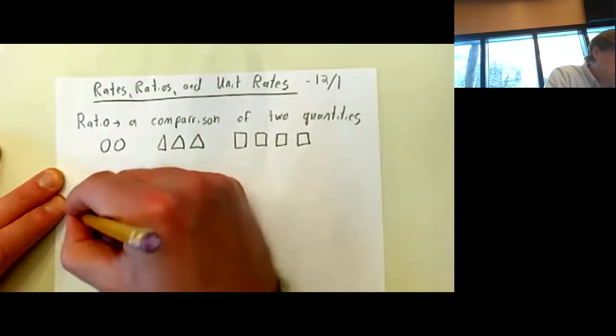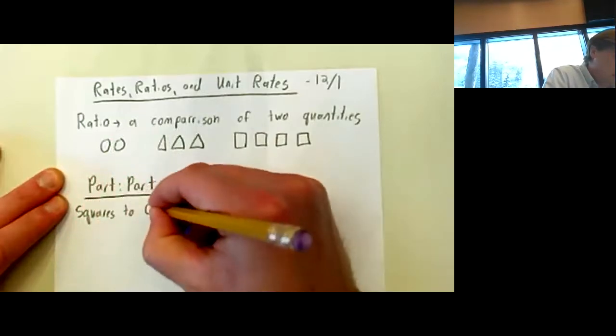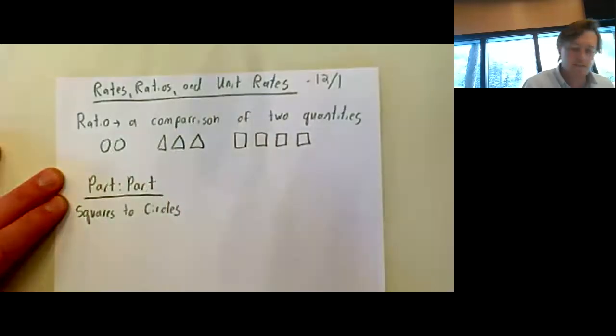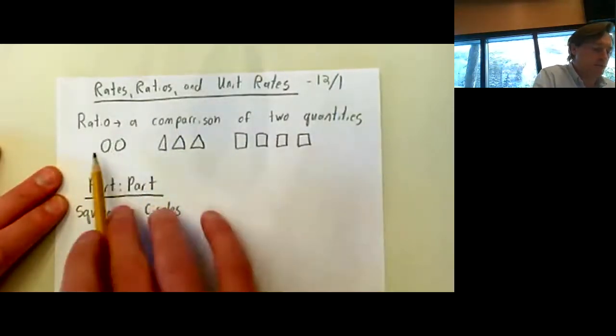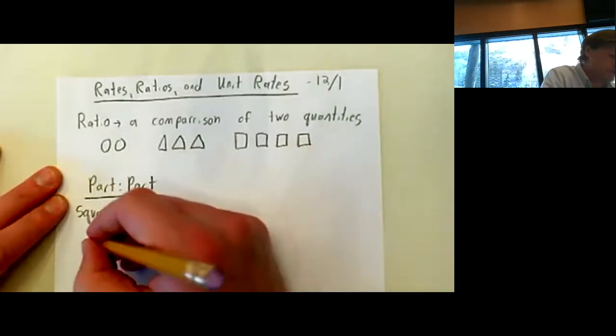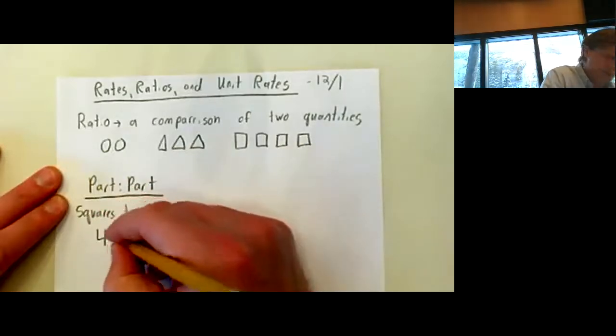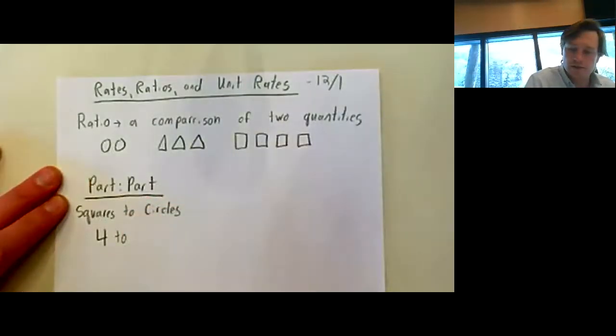So say I wanted to do squares to circles. So the whole would be this whole thing. That's going to come next, but we're just looking at the different parts here. So I've got 1, 2, 3, 4 squares. And I'm going to write 2. We get into how we can write our ratios in a second.